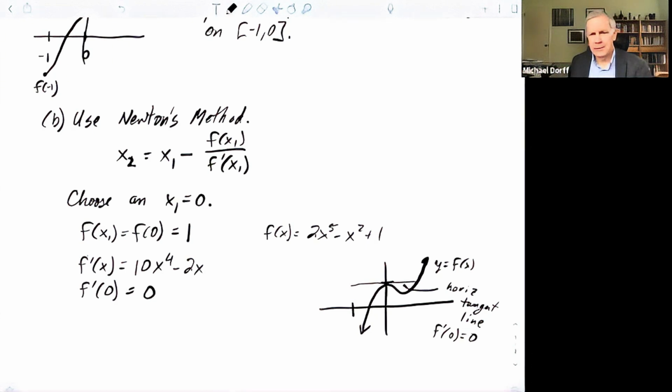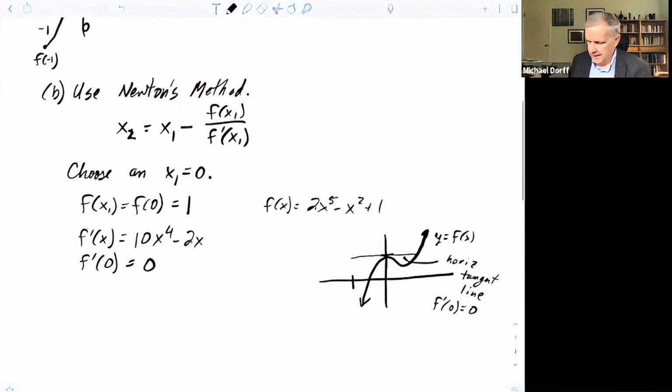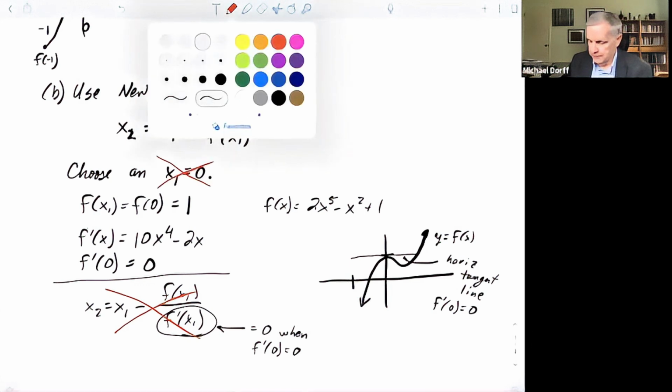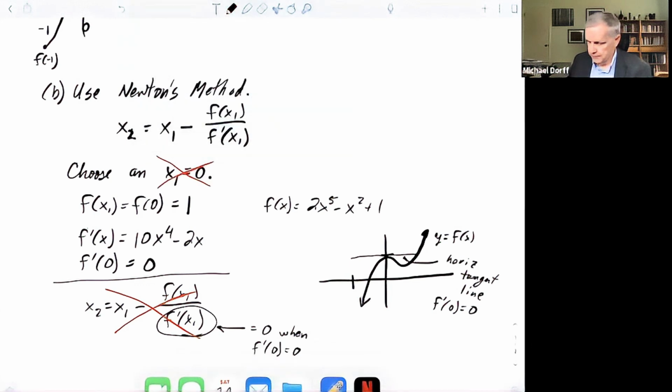So we can't use it in Newton's method. And that also makes sense analytically, because if I try to solve for x2 here using the formula for Newton's method, I'm going to divide by 0, since we had f'(0) = 0. And that's not good. So we can't use x1 = 0 in this case. It doesn't work with Newton's method.